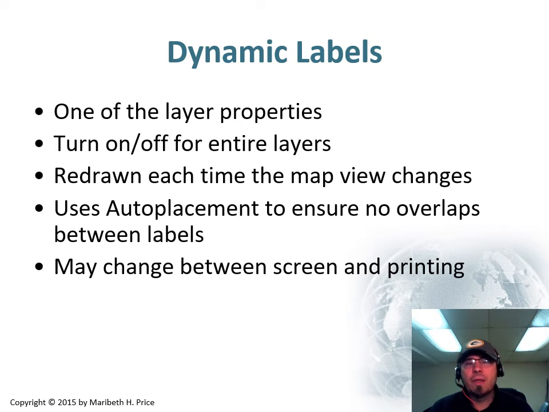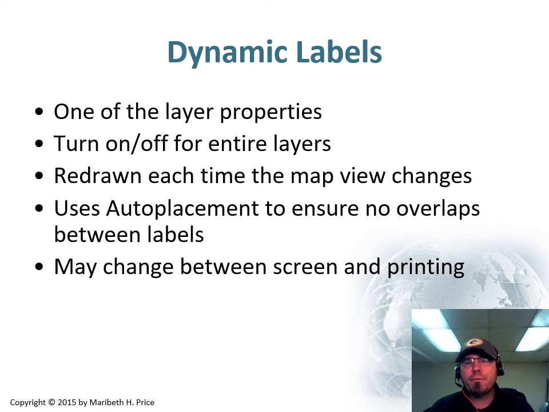All right, so we're going to kind of switch gears here. We're going to talk about dynamic labels. Now, when you say dynamic labels, it sounds really complicated or fancy. What that really is, is just allowing the program to turn the labels on for you and use them automatically.